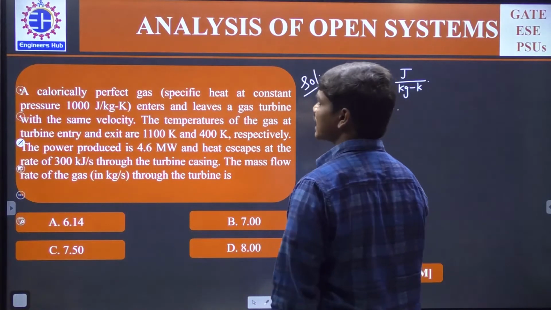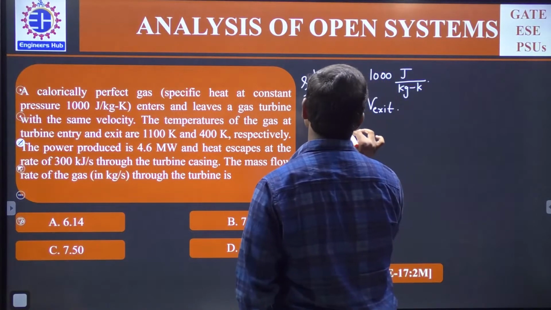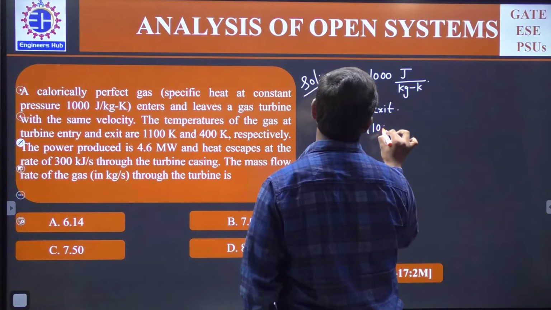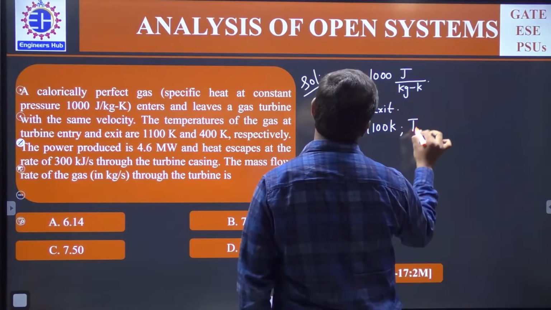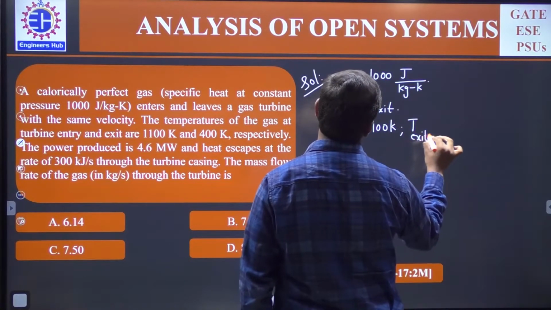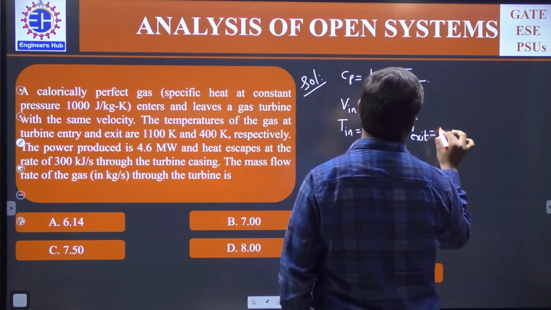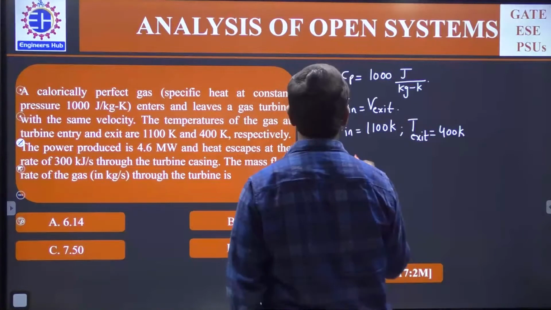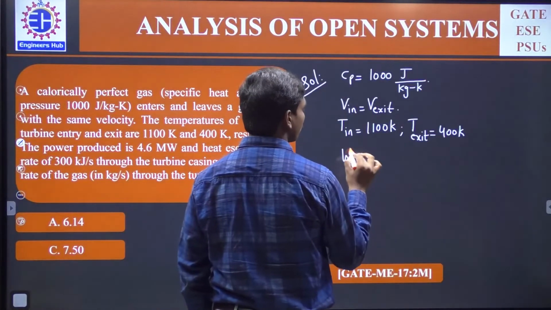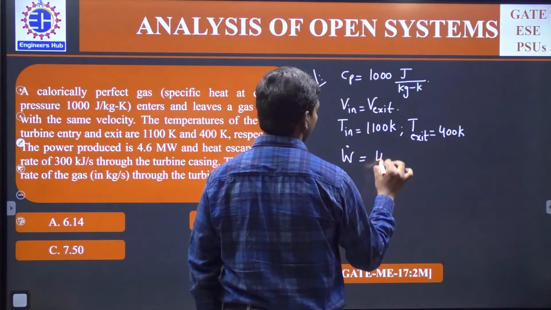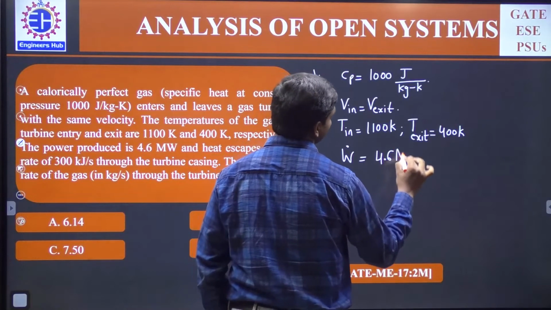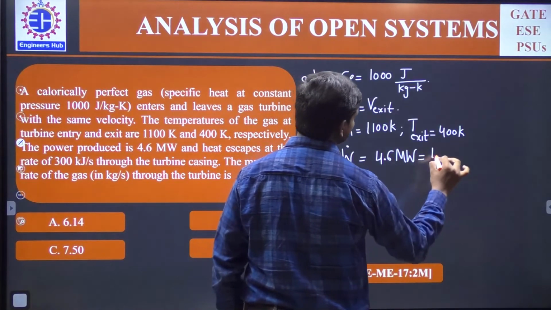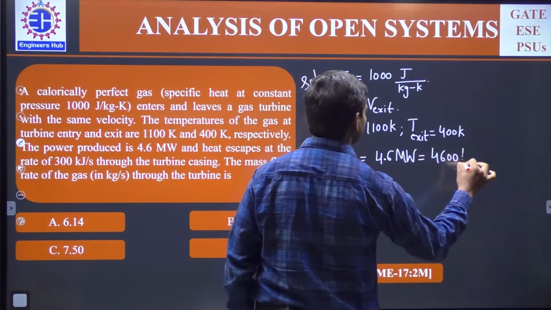The temperature of the gas at entry, so T in is equal to 1100 Kelvin. T exit is equal to 400 Kelvin. Power produced is 4.6 megawatts. So W dot is 4.6 megawatts. If you write things in kilowatts, this is 4600 kilowatts.